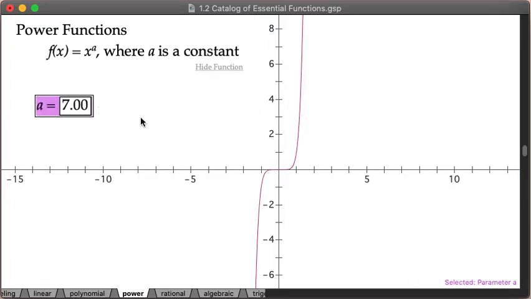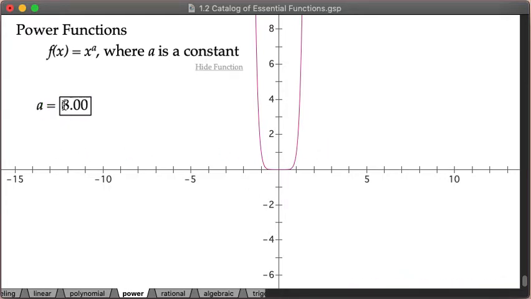The range is different, and the end behaviors are different. You can also say the symmetry of the function is different. So these are positive integer powers. And you can look at what some of the characteristics of these positive integer powers are.